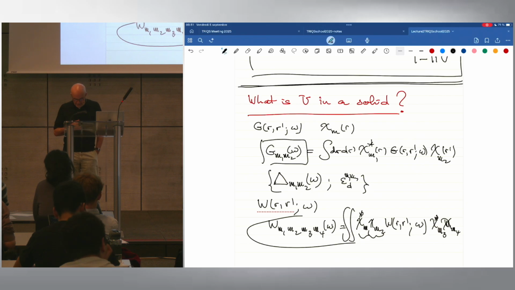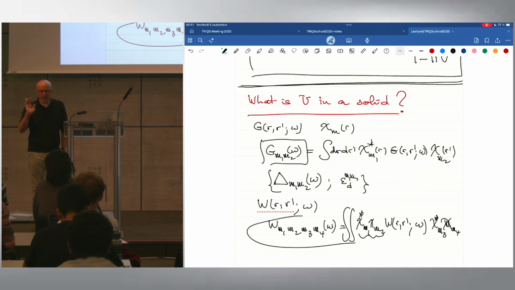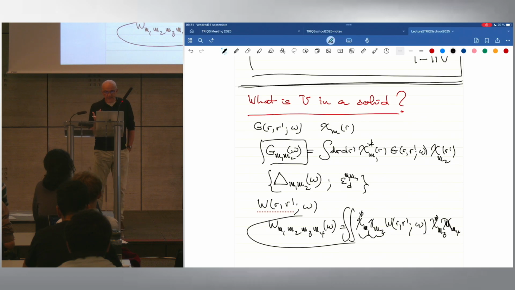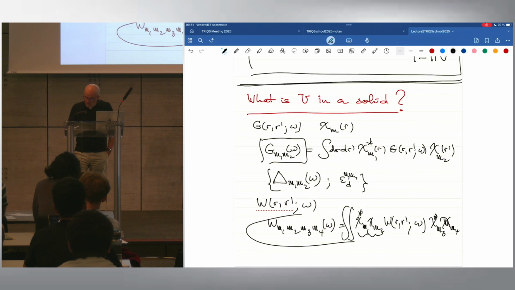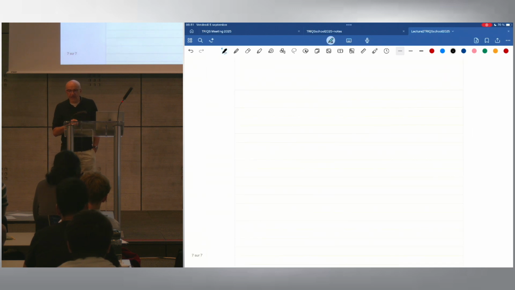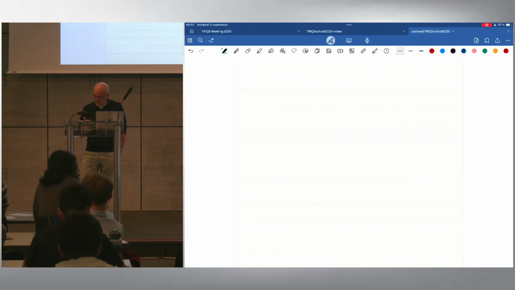It is projecting W onto the correlated subspace. So now I have two objects, G_{m1,m2} of omega, and this tensor W of omega projected onto the correlated subspace. And I can ask, can I represent these two objects simultaneously by a quantum impurity problem? So now, of course, since I have two objects, I need two Weiss fields, if you want.